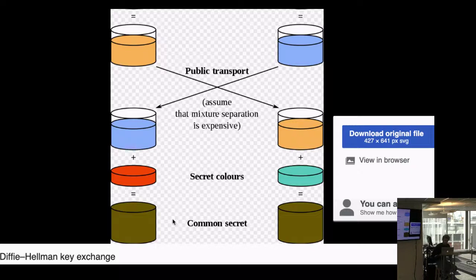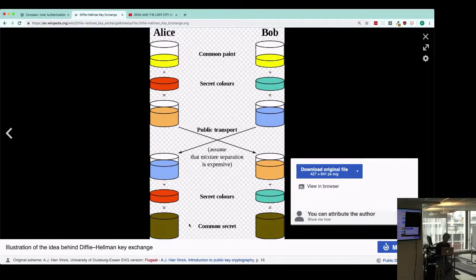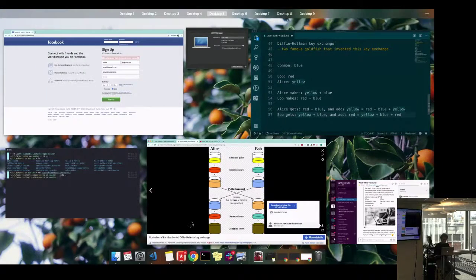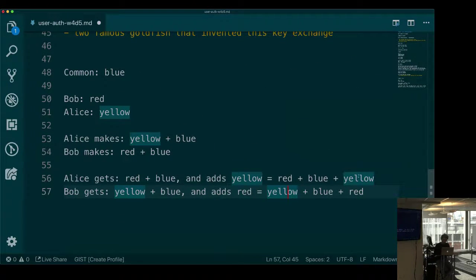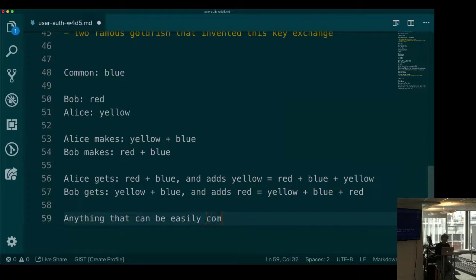The analogy here is done with colors, but this really works with anything that can be easily combined but is difficult to separate.